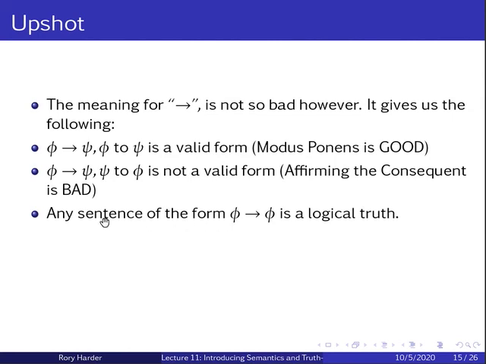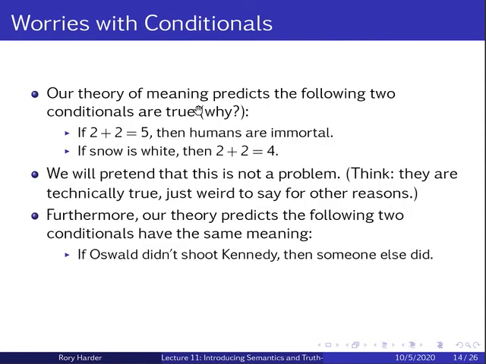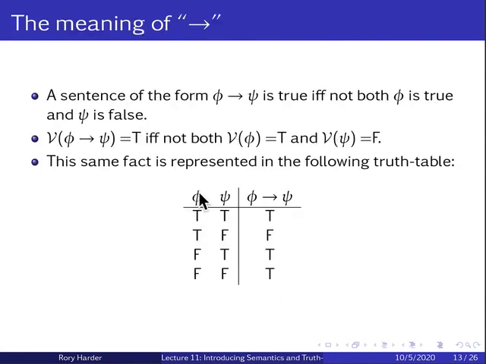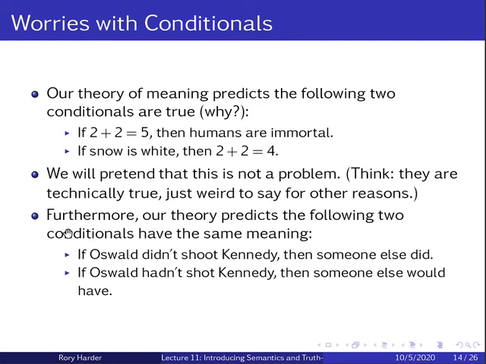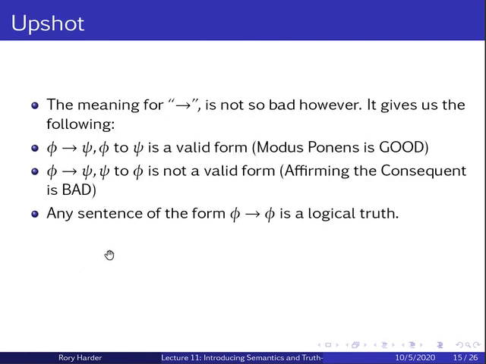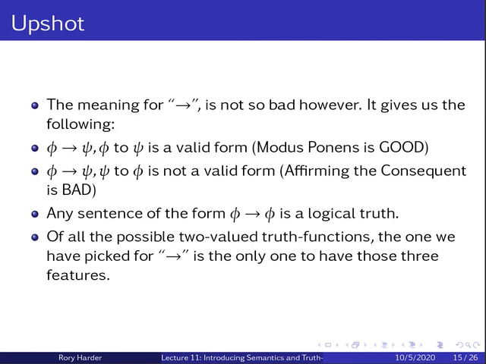We'll see that any sentence of the form if phi then phi is a logical truth. And as it turns out, the meaning we've given here for the conditional is really the only meaning we can give, given our constraints, that makes all these things happen. And that is what is good about the meaning we have given for the conditional.